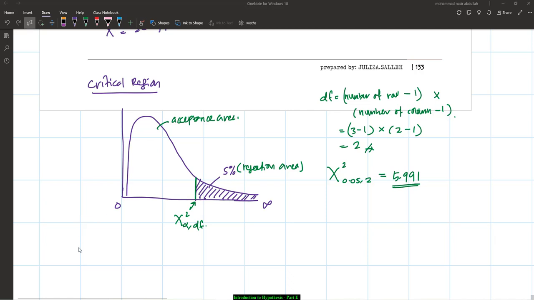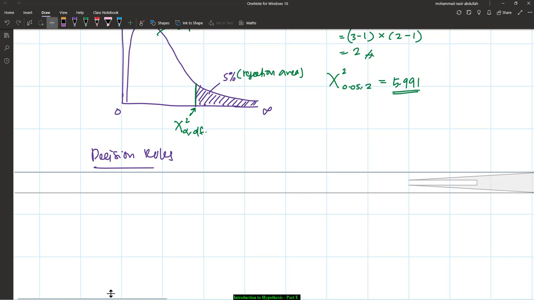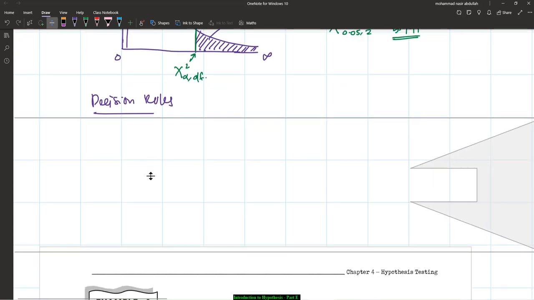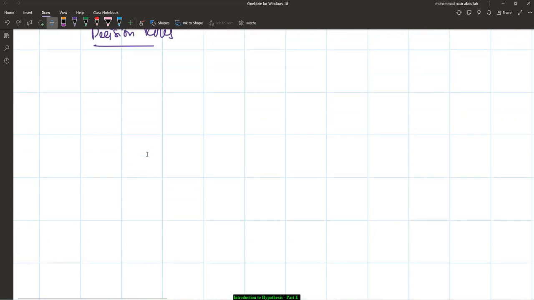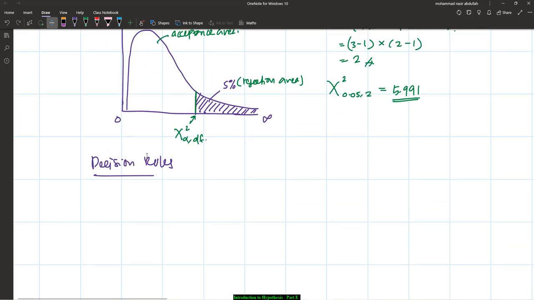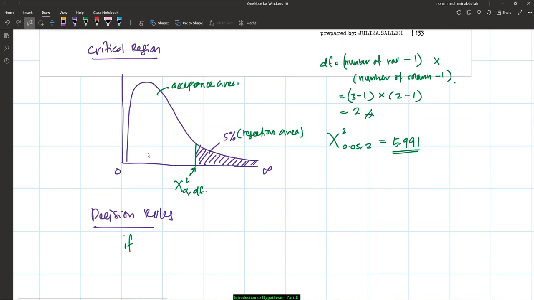Right, so next we need to put our decision rules. Let me make it bigger. So our decision rule: if chi-squared calculated, right?